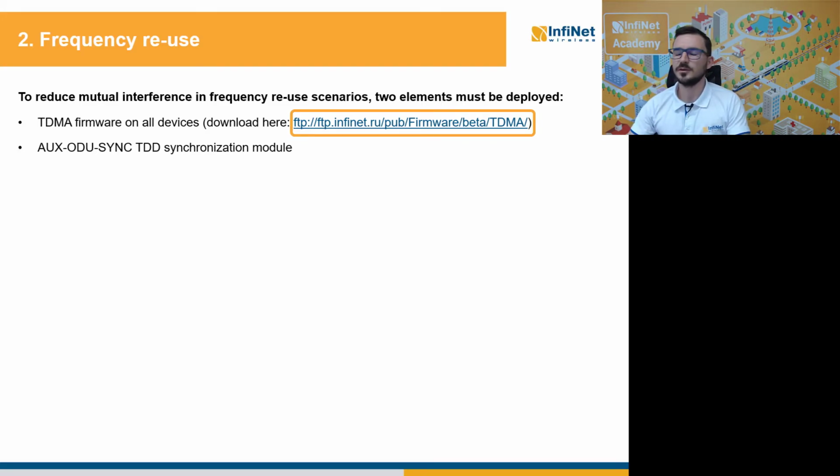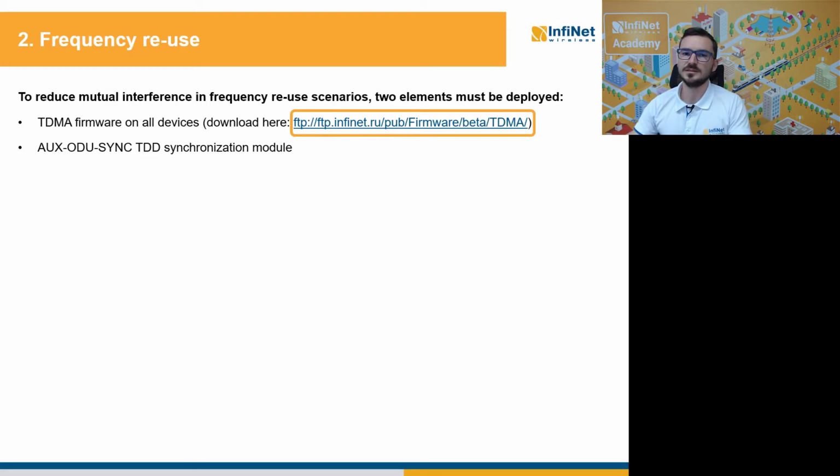Yeah, so as my colleague Bogdan said, most probably you don't have TDMA installed. If you have the default polling based firmware, you must upgrade it manually, so it's not automatic like with a regular firmware upgrade. There is a special procedure. We have a screencast on this subject. You can look it up on our YouTube channel.